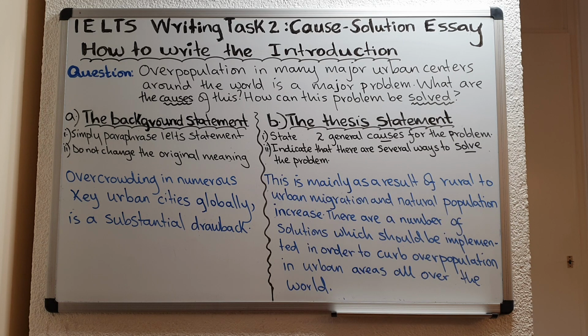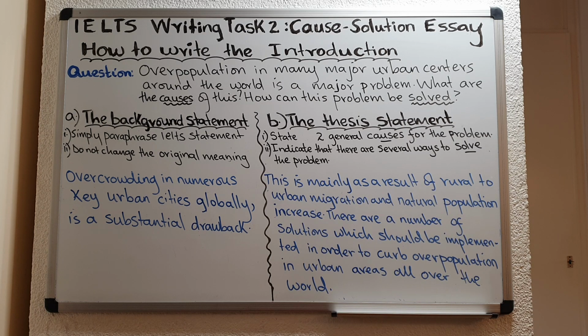Now, if you don't want to replace all the three words, then you can replace the word around with all over. All over means exactly the same as around. And then you can keep that and replace the word world with planet, for example.